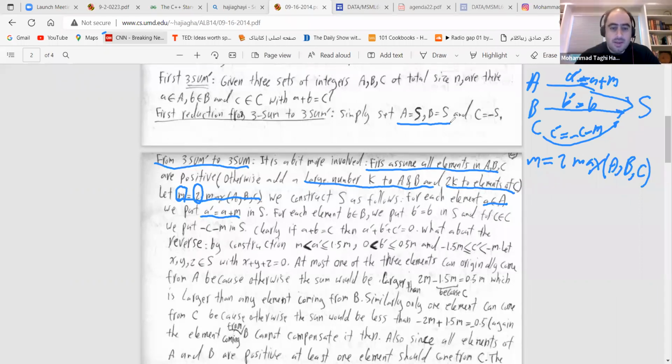Okay, so the first thing is that if there are 3 elements A, B, and C, so what is the goal? We want to solve 3-sum prime using 3-sum.